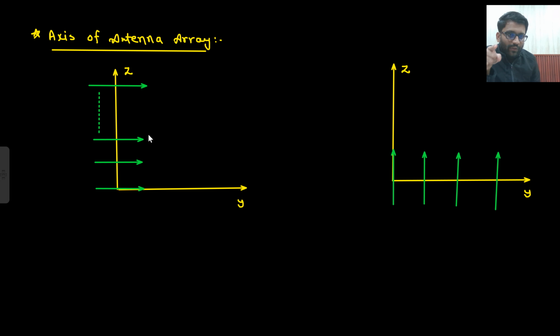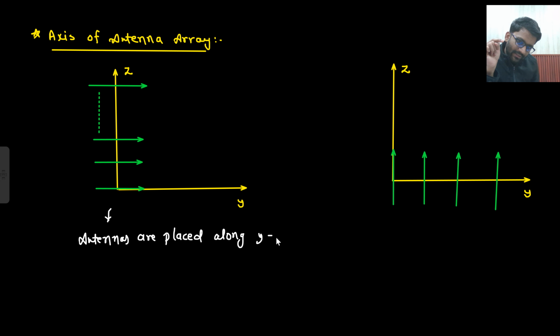So along which axis are the antennas placed? Here, the antennas are placed along the y-axis, right? But antennas are placed on the z-axis, right?